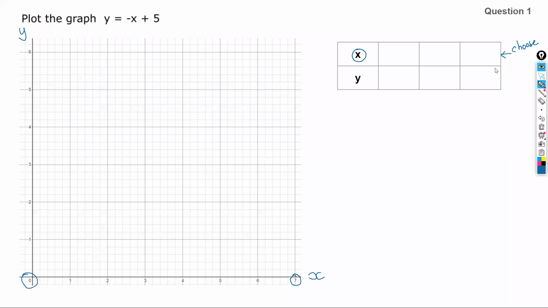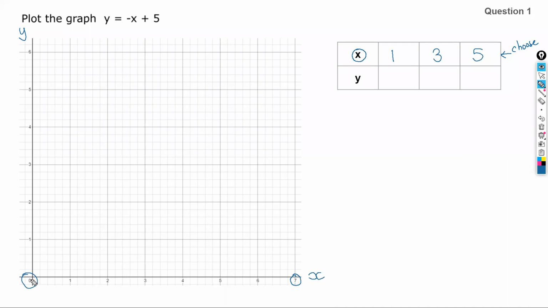So let me be in charge of choosing your values of X for the time being. I am going to choose 1. You don't always have to choose 1, 2, 3. You can choose 1, 3, and let's choose 5. Does everybody agree that the values I choose are appropriate right now?